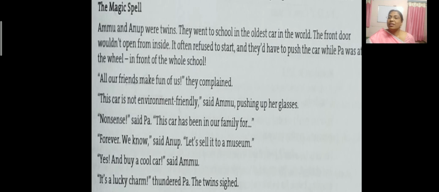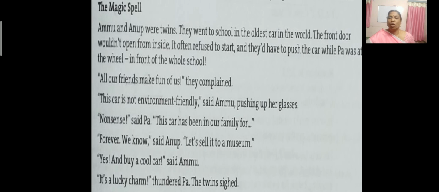What did they say? All our friends make fun of us. These words are the actual words of the speaker. In a story they are kept in inverted commas. Seeing these inverted commas, you will come to know who is the character who has spoken these words.